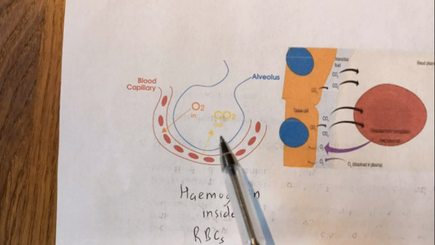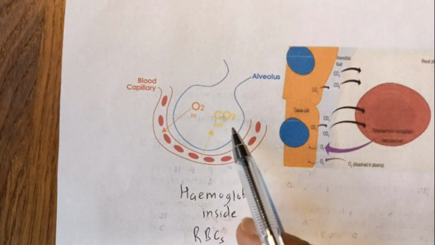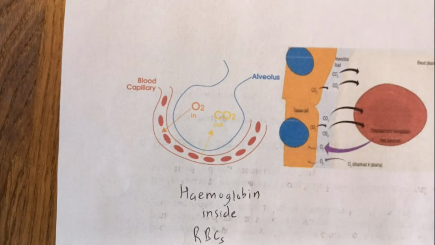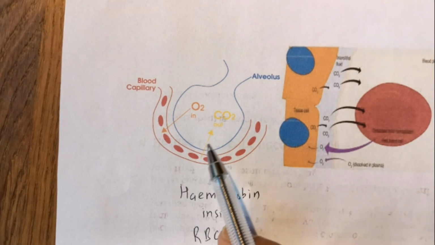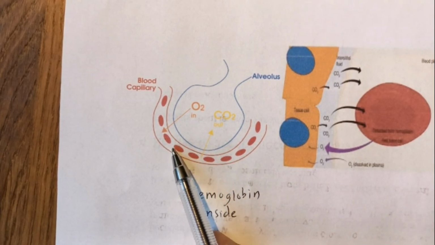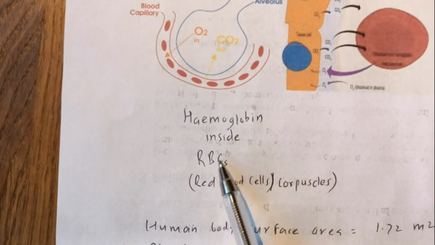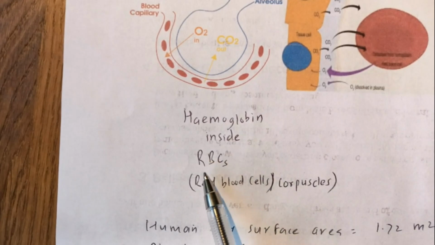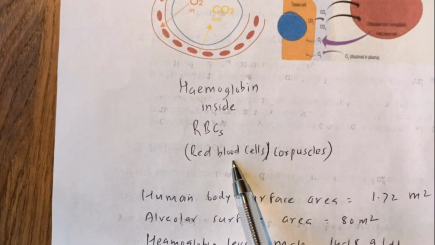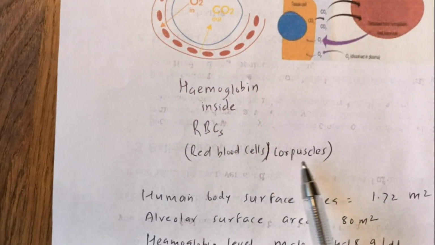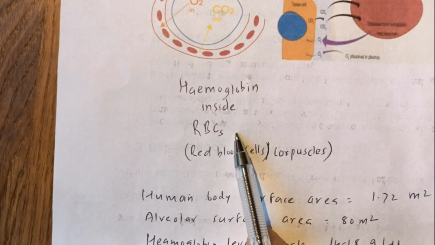That's why it is mostly transported in the blood as dissolved carbon dioxide. So that is about diffusion and the blood pigment, hemoglobin. Most of the hemoglobin is inside the cells called red blood corpuscles or red blood cells, RBCs.